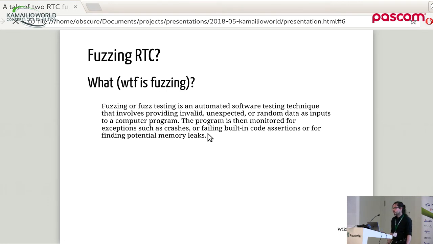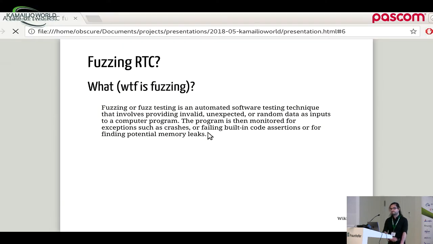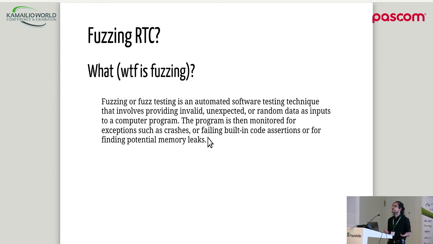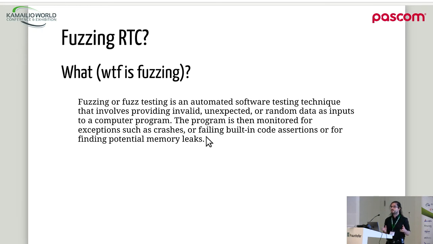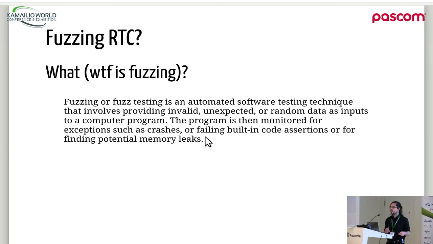But first of all, what is fuzzing? How many of you are familiar with fuzzing? Show hands. OK, so it's a little bit less than half, if you're all being honest. So I will just display the Wikipedia page for the description for you.